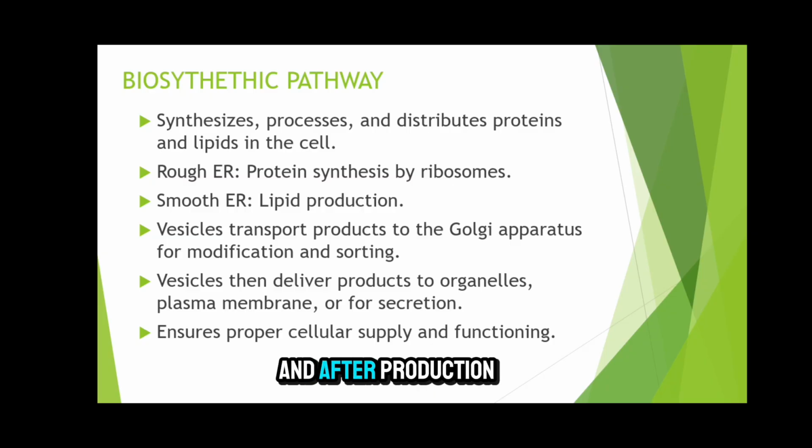And after production, these molecules are packed into small vesicles and transported to the Golgi apparatus. The Golgi works like the city's post office and customs center. It modifies proteins, adding sugars, folding them correctly, and then labels and sorts them so they reach their correct destination.